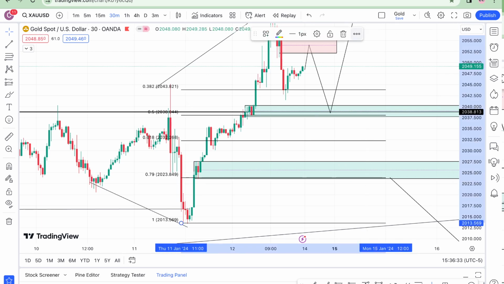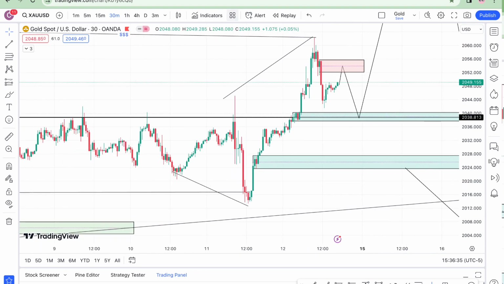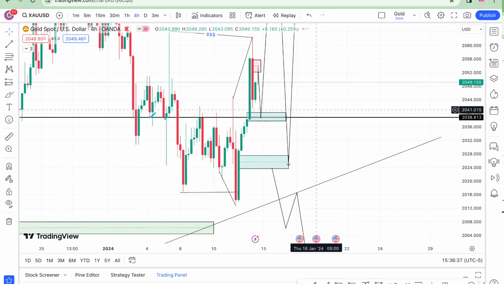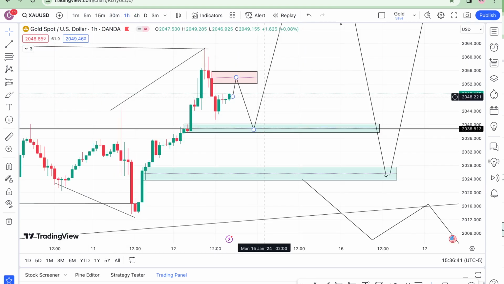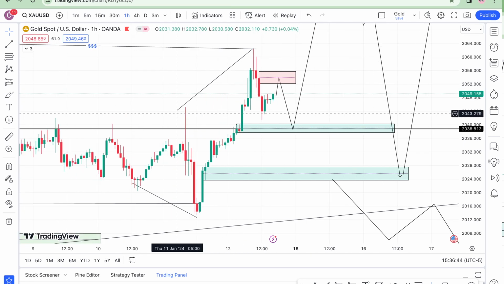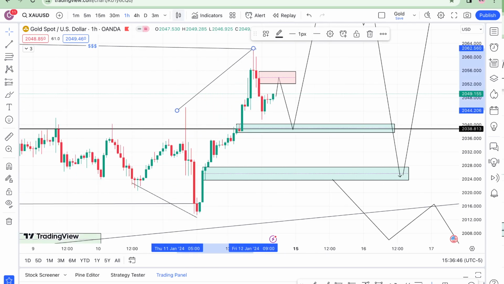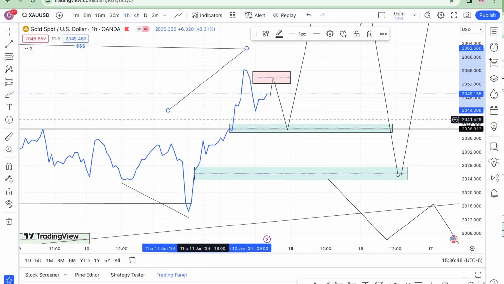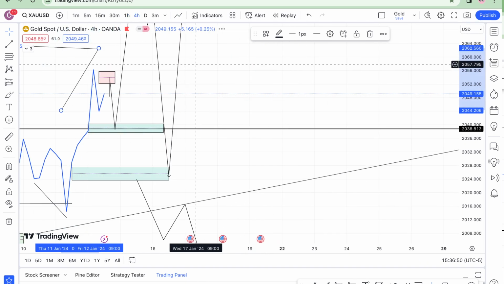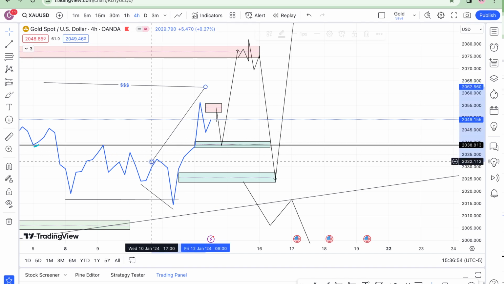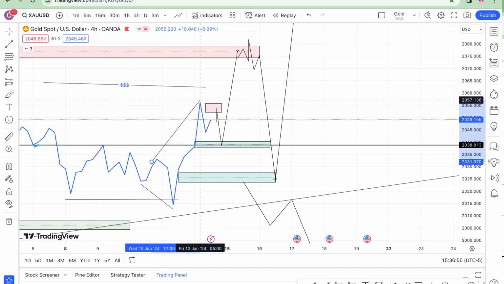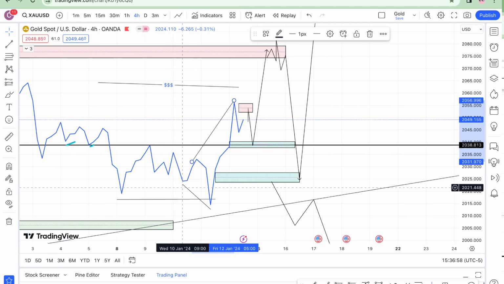The second reason to mark the second zone is the 4-hour time frame. You can see that gold has formed a very beautiful QM pattern, again the old and classic QM pattern. If I move to the line chart, you could see on the 4-hour time frame this is the high and this is the low, which is a strong QM pattern.